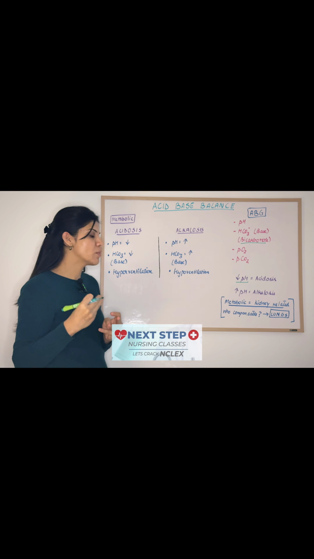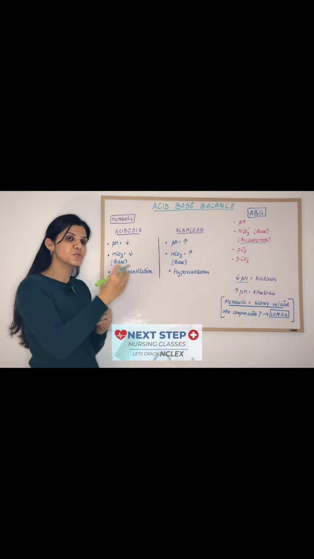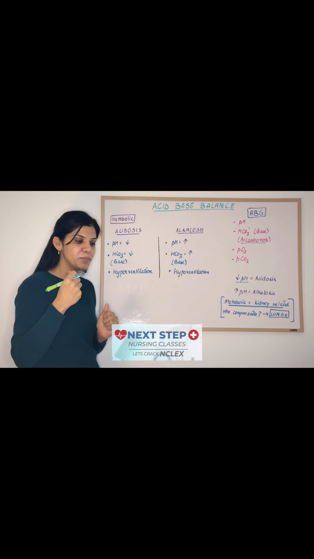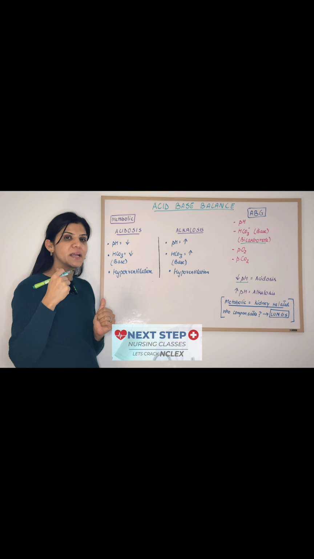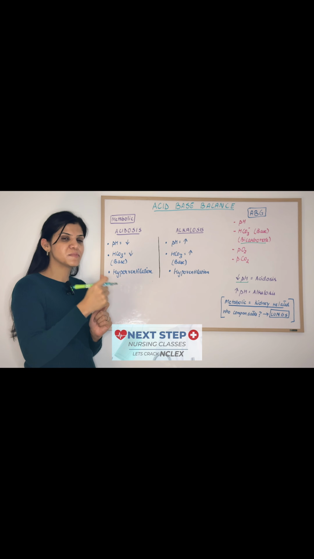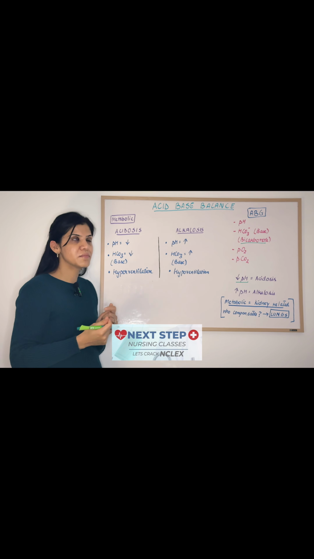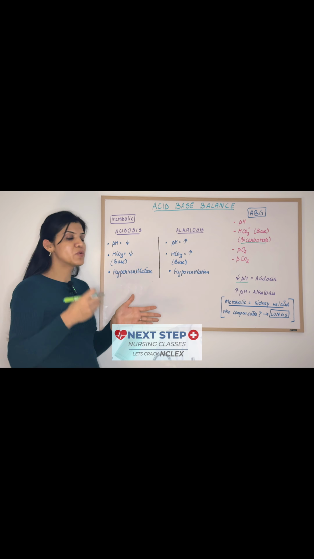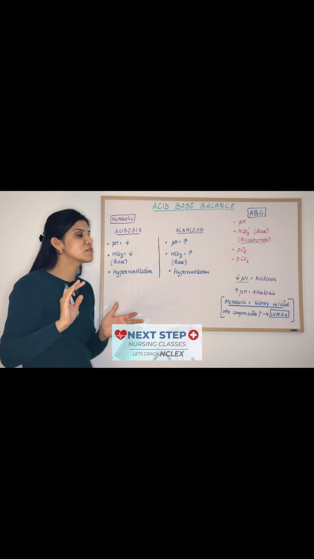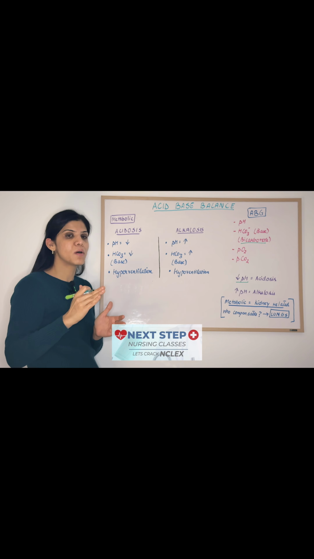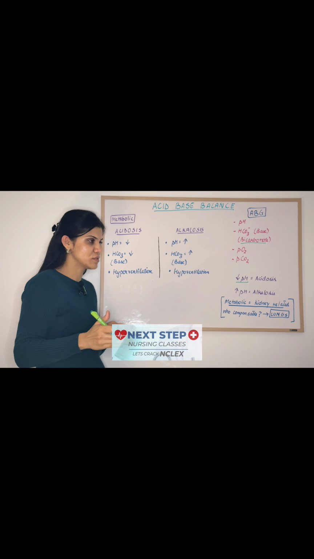Normally we have a pH strip which identifies whether or not a substance is acidic or basic. But in this case, we take the lab draws, and from the ABG analysis, we look whether or not the patient has a problem of acidosis or alkalosis.